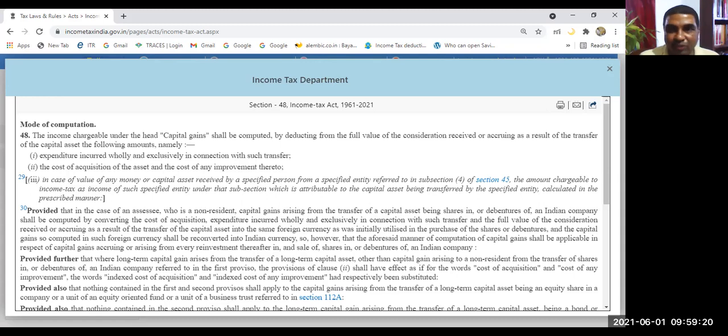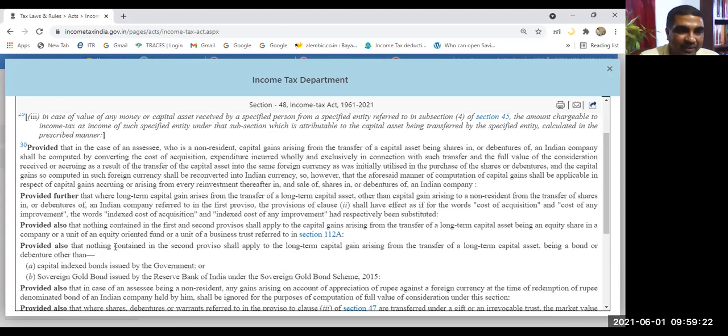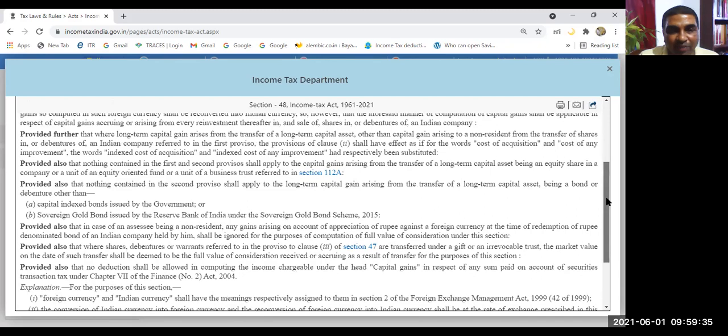Now, in detail, you see some other provisions are there, provided further that all these things you see. The cost of acquisition shall be substituted by indexed cost of acquisition. This is in case of long-term capital gain. These provisions are also there. And we'll be learning about 111, 111A, 112, 112A, which deal with rates of taxes.